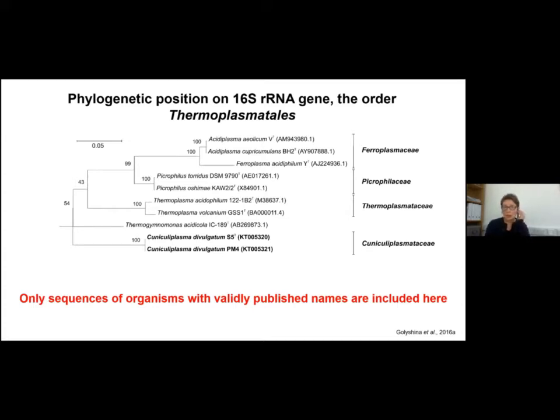Thermoplasma, which was described back in 1970 as Mycoplasma from coal refuse pile. Then Picrophilus, Ferroplasma, Acidiplasma, Thermogymnomonas, and the very last member which joined this club was Cuniculiplasma divulgatum. Please note that only sequences of organisms with validly published names are included in this phylogenetic tree.